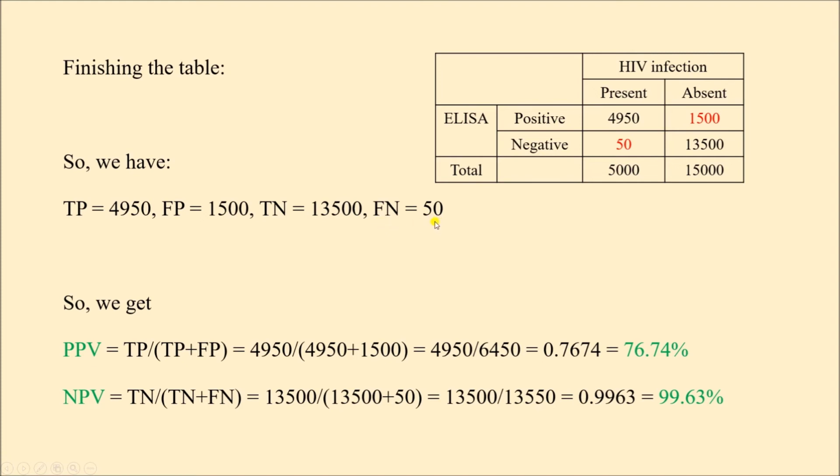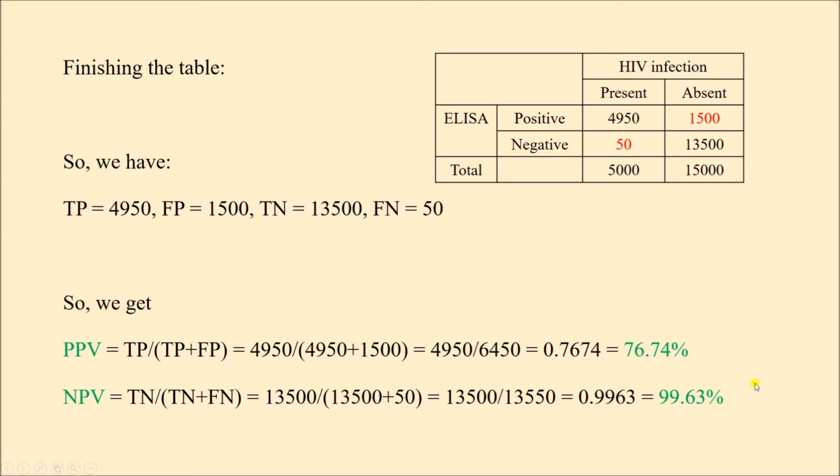Now again we can calculate the positive predictive value and the negative predictive value following the formula. So the formula for positive predictive value is true positive divided by true positive plus false positive, and this value turns out to be 0.7674 or 76.74%. Similarly, the negative predictive value, which is given by true negative divided by true negative plus false negative, the value is 0.9963, and it is basically 99.63%.